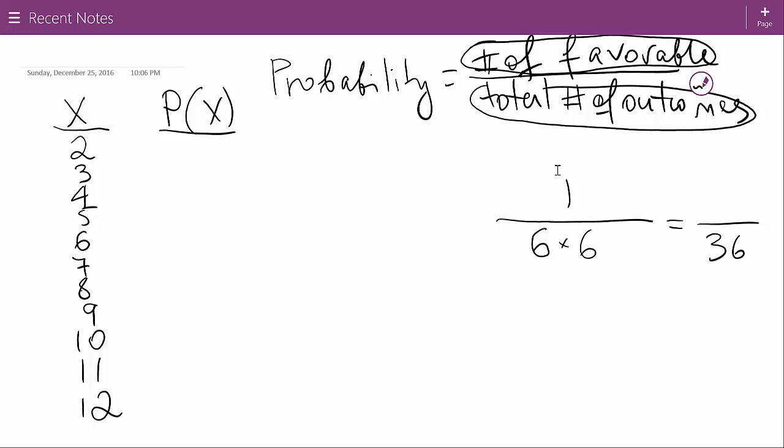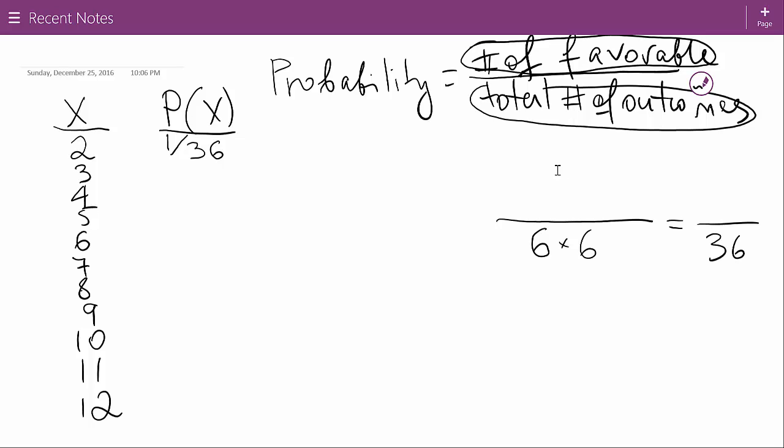So the probability to get a 2 is 1 out of 36, one way out of 36 different ways the dice can land. So there you go, here is your probability for getting a 2 out of 2 dice, 1 out of 36. Make sense? All right. Now let's erase that part.